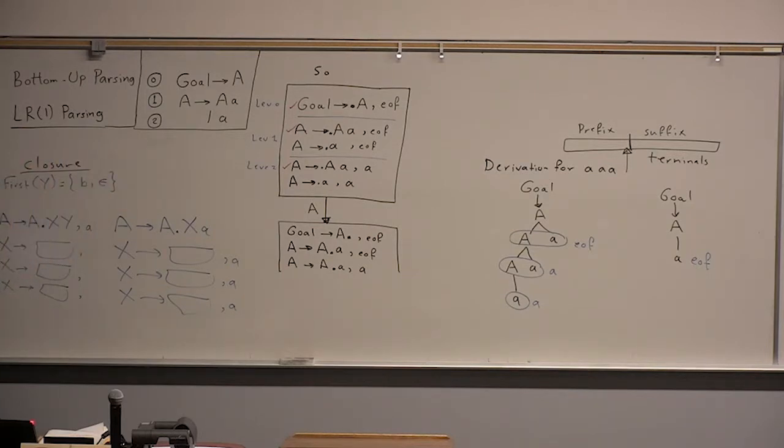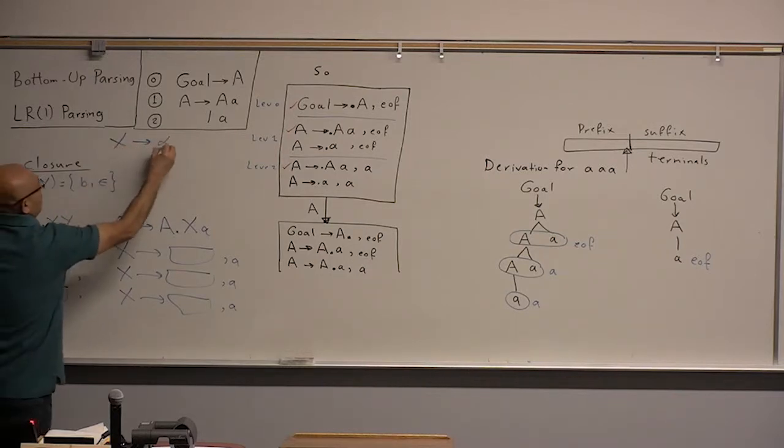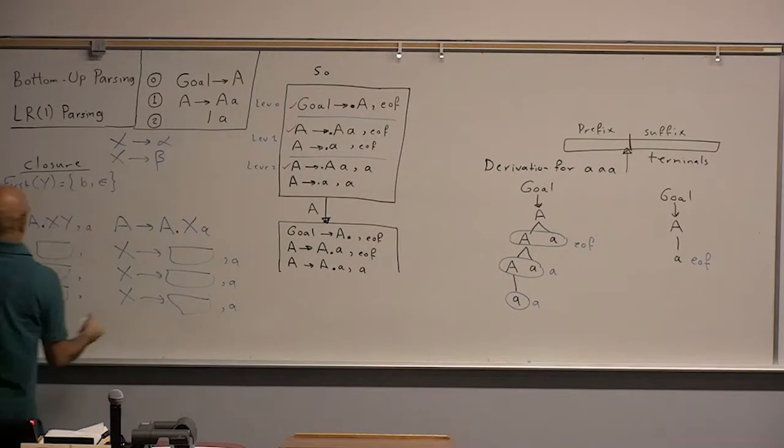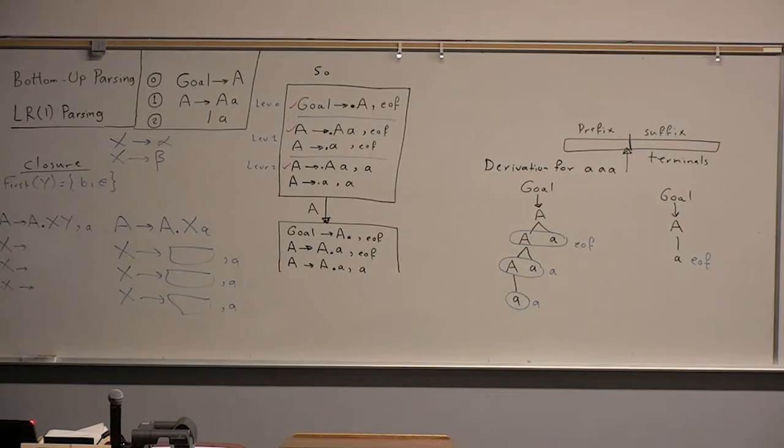And suppose that we have two rules for defining X. Suppose that we have X goes to alpha and X goes to beta. Then, if this is the first set of Y, now we will have X goes to alpha followed by a B, X goes to alpha followed by an A. Why an A?